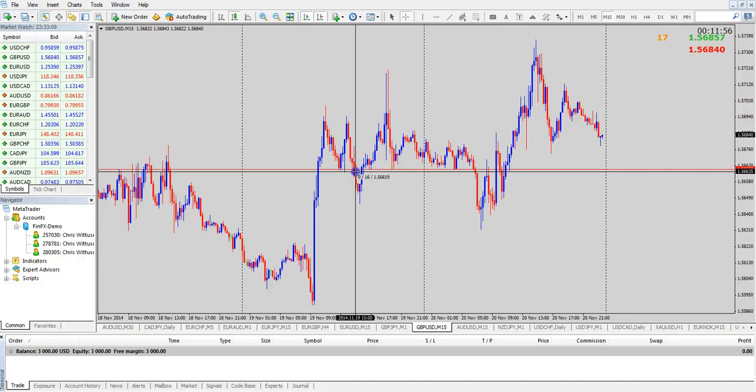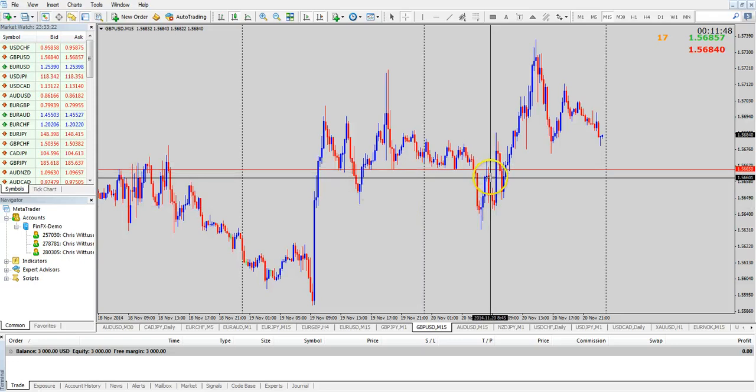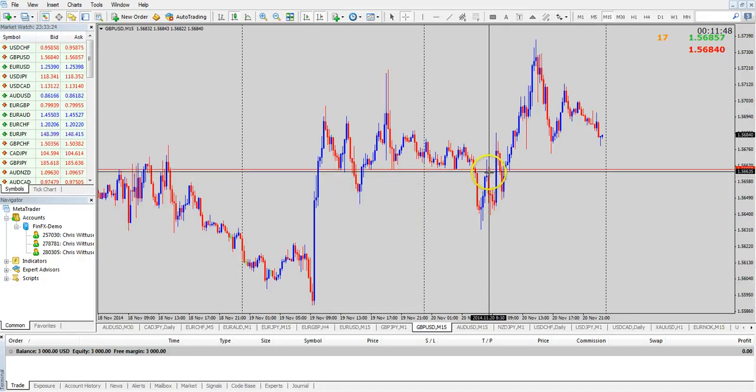Let's see how much we would have gotten. At max, we would have gotten 17.6 pips. On a bad day, 11 pips. With W, we would have entered above the middle, just a few pips, so we would have entered here.